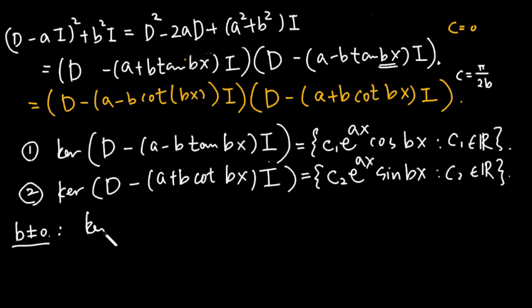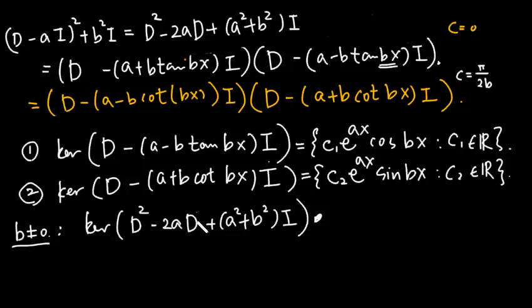Therefore, the kernel of that order 2 equation that's written down here is really generated by these two functions, e to the ax cosine bx. That came from this part on here, and since they're linearly independent, that second part becomes a second generator.